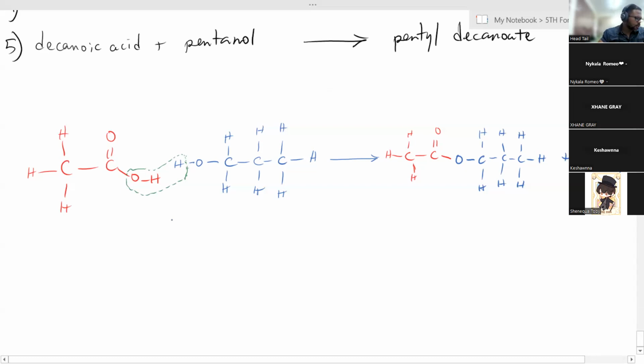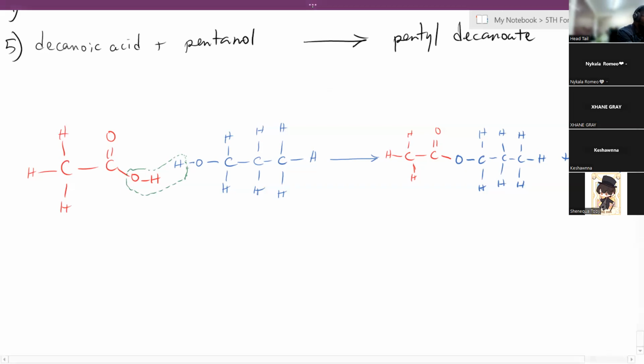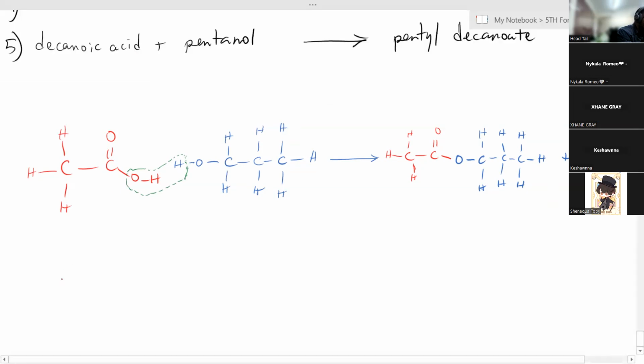So you can observe what happens in the reaction. You should be able to do this with any of the compounds. Let's look at the written form. I could have put CH3COOH, reacting with C3H7OH, since 3 times 2 is 6, plus 1 is 7.